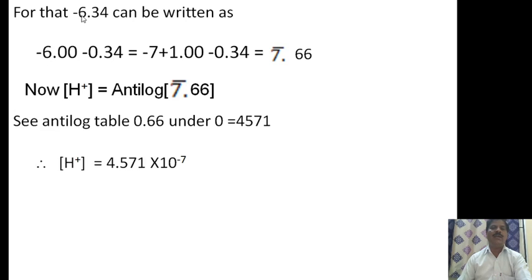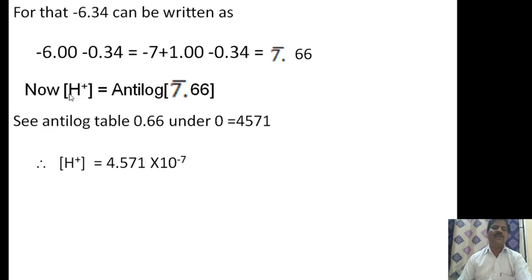Therefore minus 6 can be written as minus 7 plus 1, meaning again minus 6, there is no change in value, and then minus 0.34. Take the subtraction from 1 without changing this, and this will be converted into a bar value. Therefore bar 7.66 will be there.